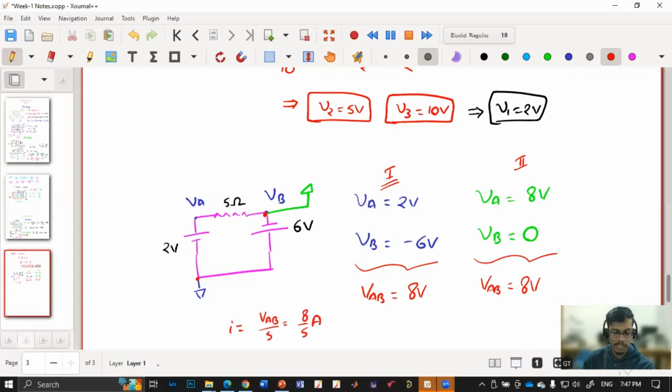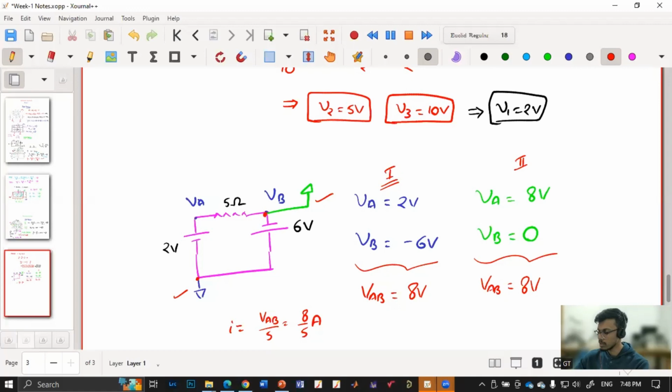So if they have not specified any ground terminal, half of you might have selected this, half of you might have selected this, but both will get the same current. But in the question, if they have given this as ground, then the VA we get will be different from the case where we consider another terminal to be ground. So if the question has a convention, you should follow that convention, else you will get wrong results. Understood?